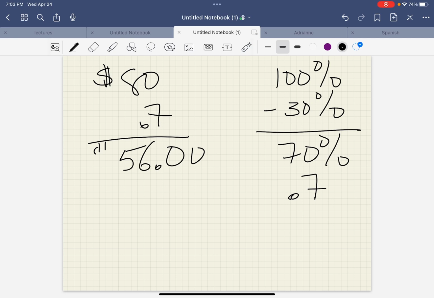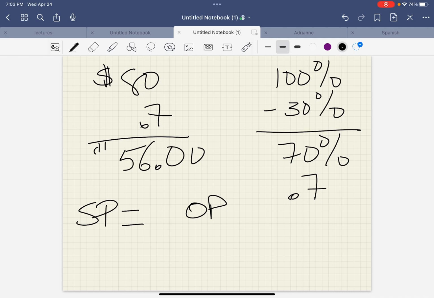Okay, the last one says the sale price of the ring was $120. It had been marked down 40% for the sale. What was the original price? Okay, so the sale price is equal to the original price, and it had been marked down 40%.